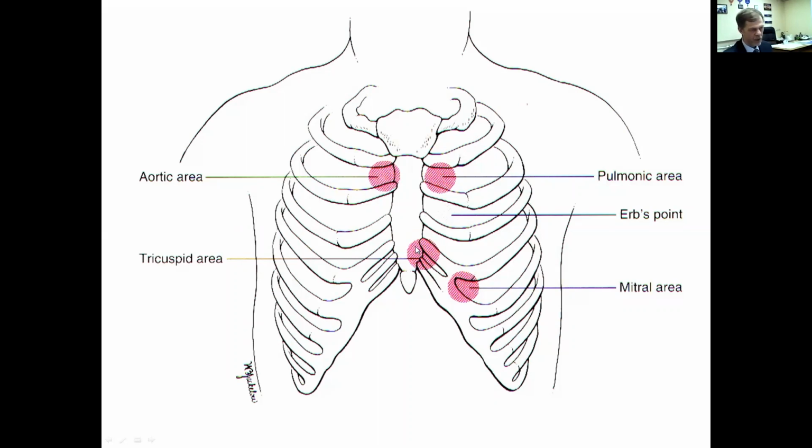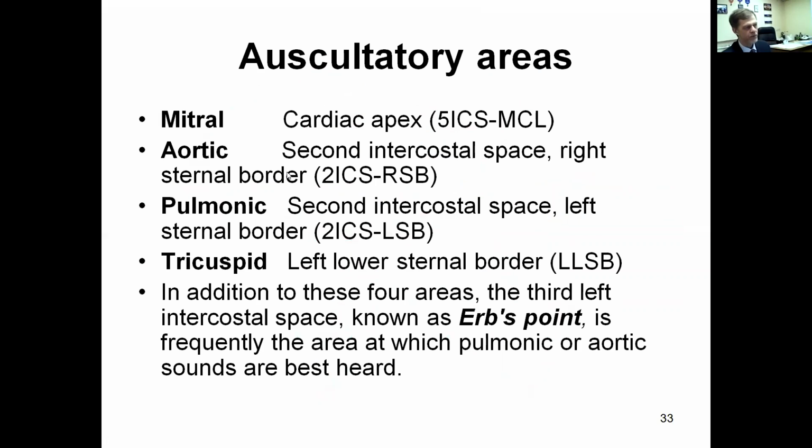And tricuspid area, somewhere between the sternum body and the xiphoid process of the sternum, somewhere here. Now again, mitral, cardiac apex; aortic, second intercostal space, right sternal body; pulmonic, second intercostal space, left sternal body; and tricuspid, left lower sternal body.